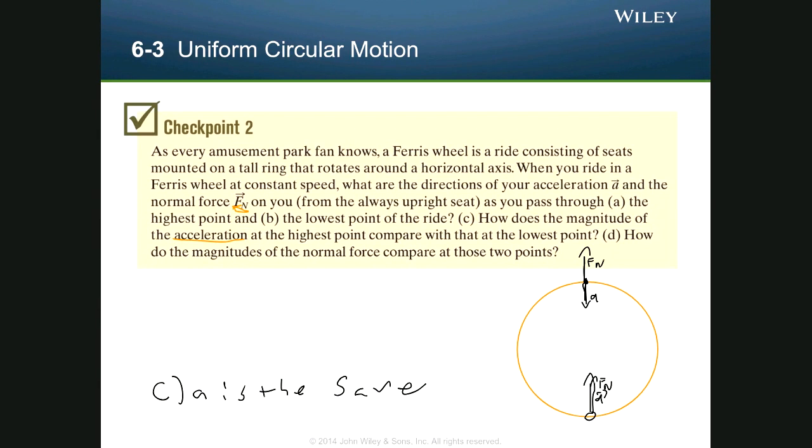So we got the magnitude should be the same as your mass hasn't changed. Same.